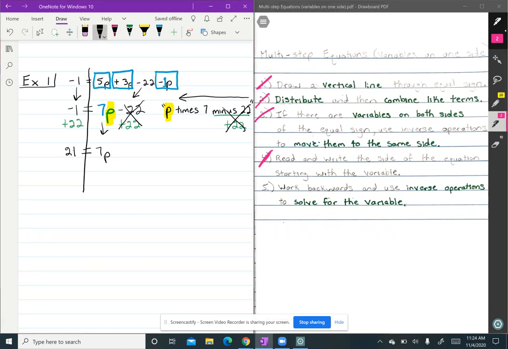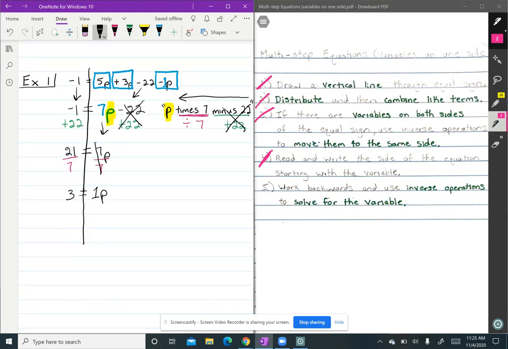Then the next step, instead of times 7, I need to do the inverse, which would be divided by 7 on both sides. 21 divided by 7 leaves me with 3. 7 divided by 7 is 1, which I could cross out, and then I'll show the last step.